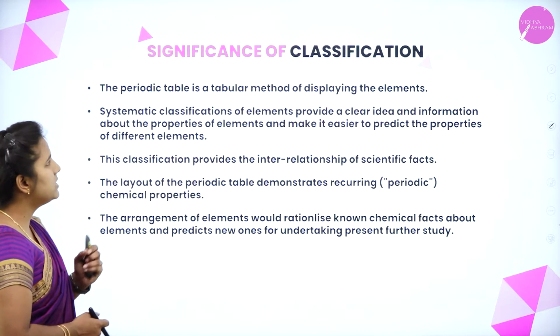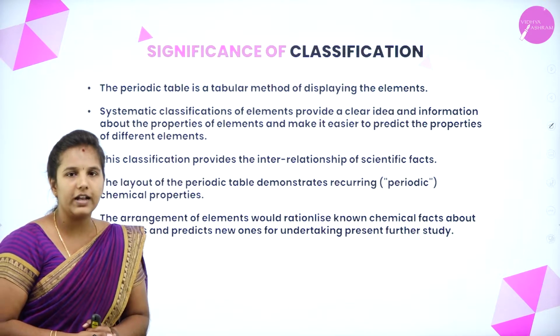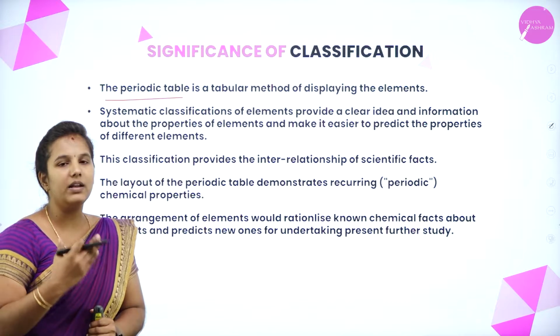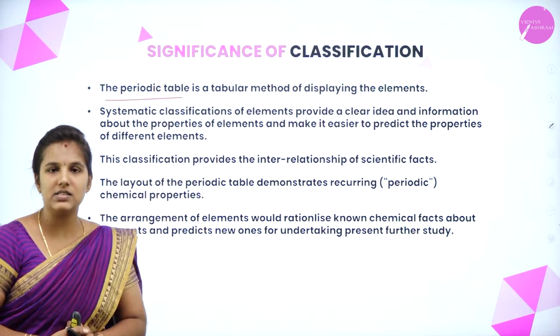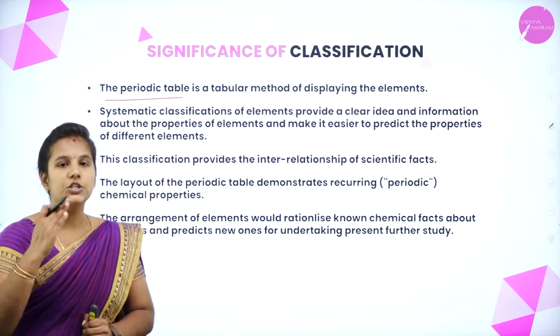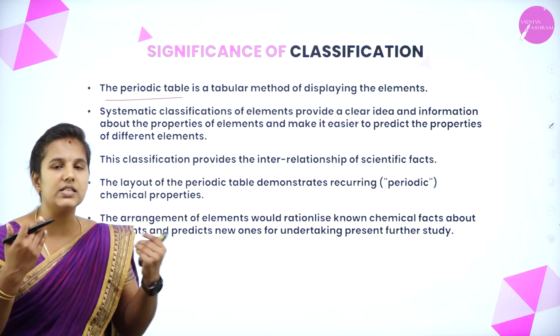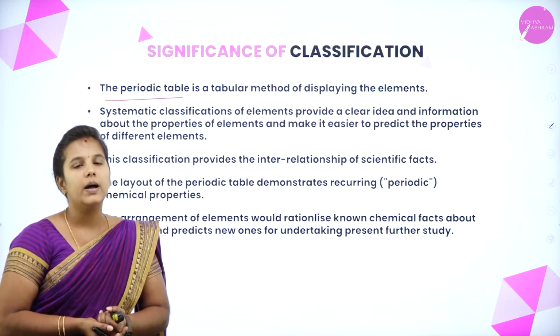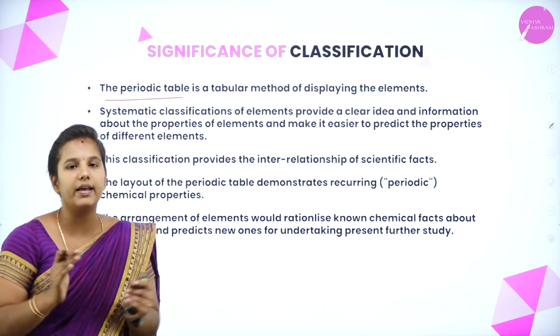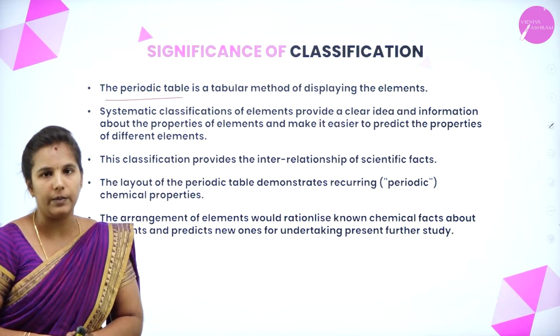Now, we'll see the significance of classification. The periodic table is nothing but a tabular display of elements, where each element is arranged in the increasing order of atomic number, and elements with similar chemical properties are arranged together.